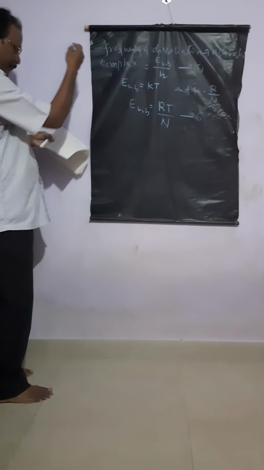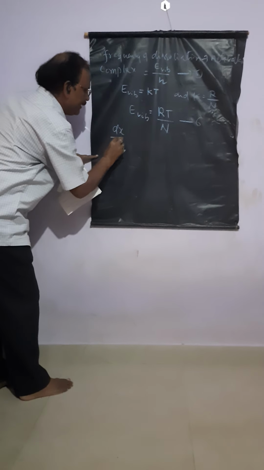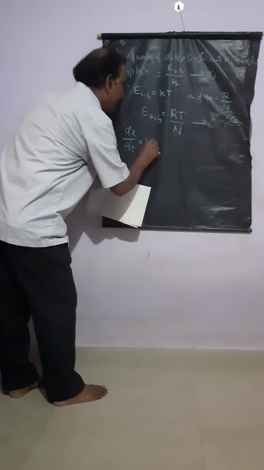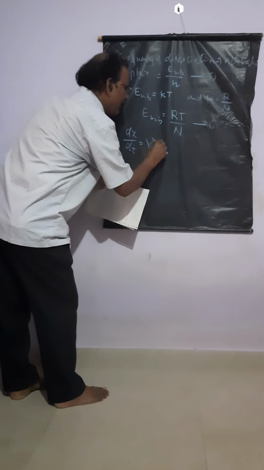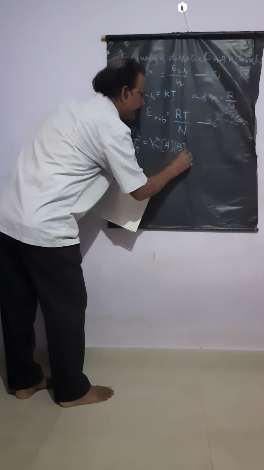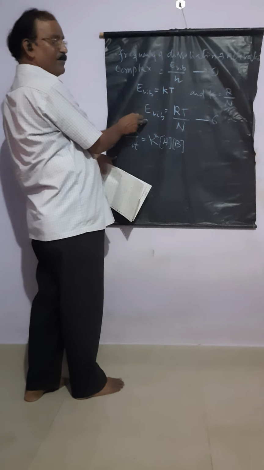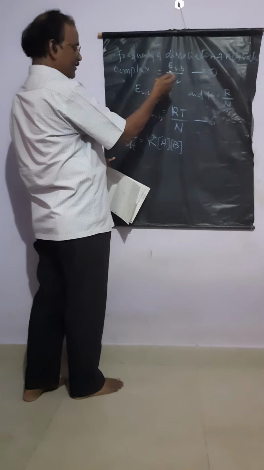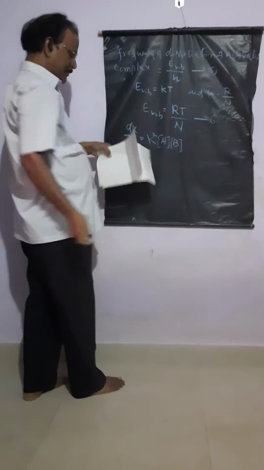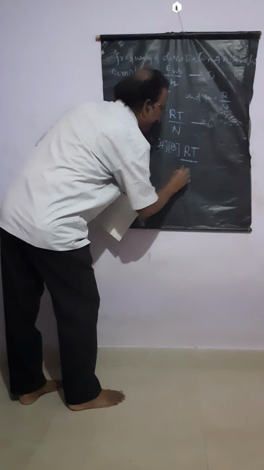Therefore, from the above equation, the rate of the reaction dx by dt is equal to K star into concentration of A into concentration of B into the frequency of vibration, which is given by RT divided by N into h, that is, RT divided by Nh.